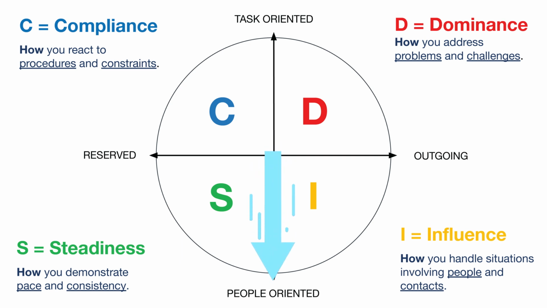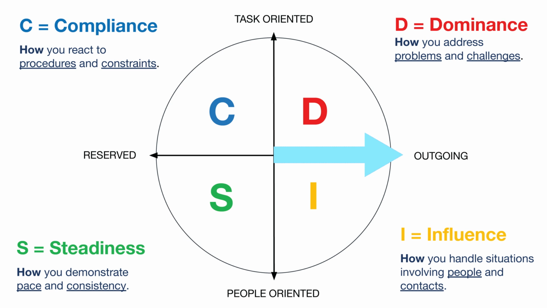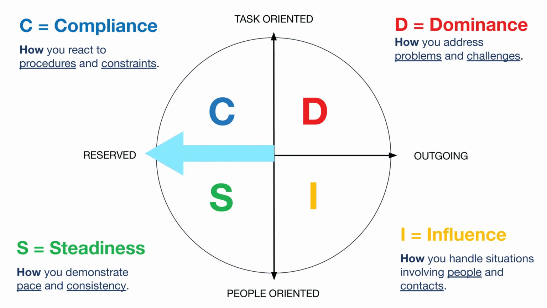In the bottom half, you have your S's and your I's, your more people-oriented personality types. On the right side, you have your D's and your I's, your more outgoing types. And on the left side, you have your C's and your S's, your more reserved personality types.